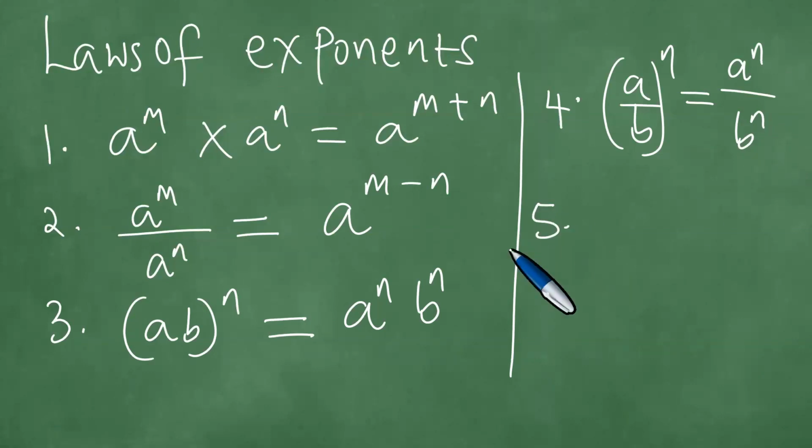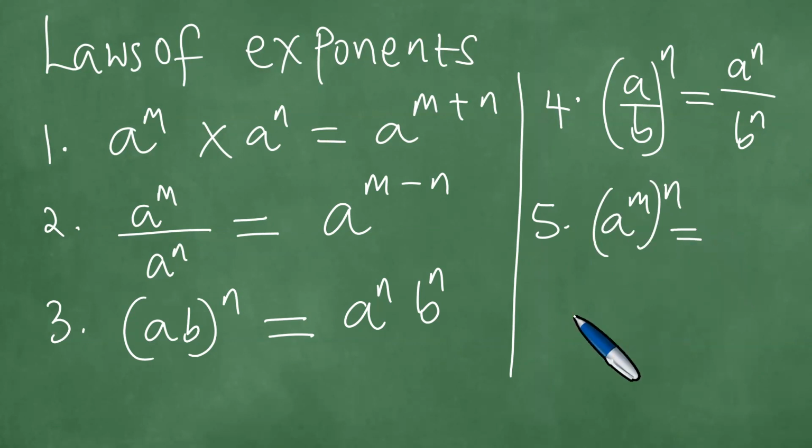Number 5. If you have the law that says (a to the power m) all to the power n, what is this equal to? It becomes a to the power m times n.